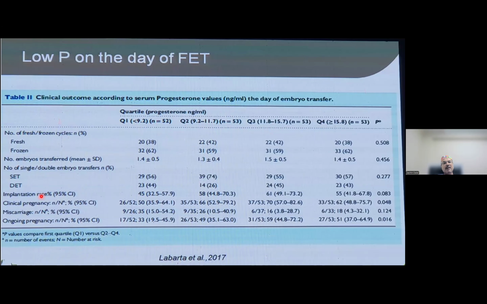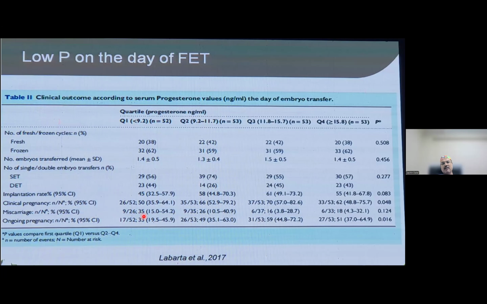They found that the implantation rates were 45% in less than 9.2, and 58, 61, and 55 in more than 9.2. Also, clinical pregnancy rates were much better in more than 9.2, and miscarriage rates were also noted to be lesser in the more than 9.2 groups.